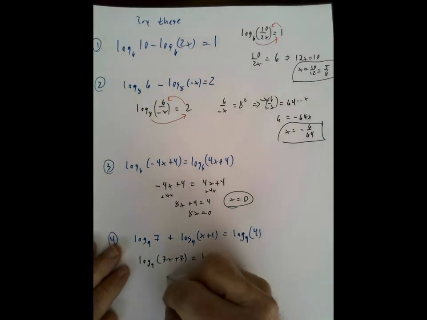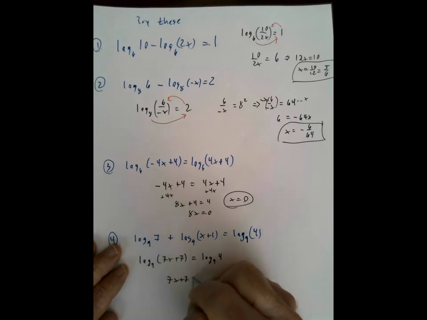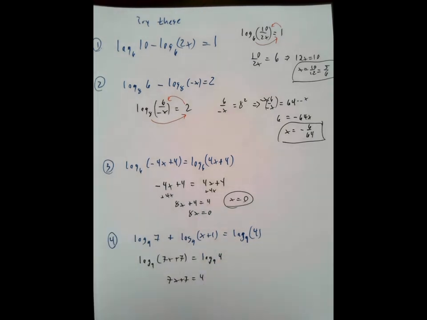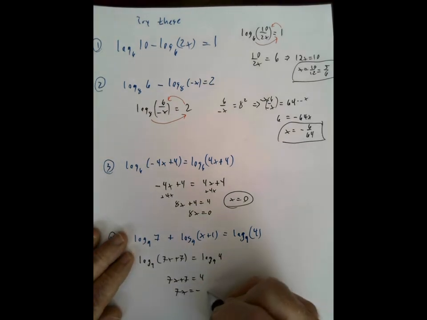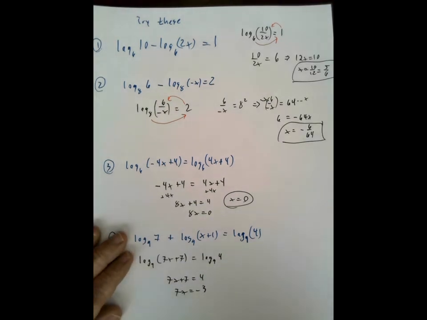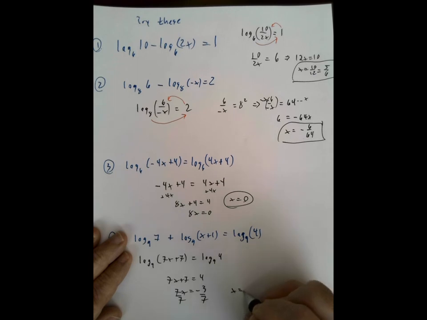They cancel. 7x plus 7 is equal to 4. We subtract 7. That's negative 3. We divide by 7. We get x is equal to negative 3 over 7.